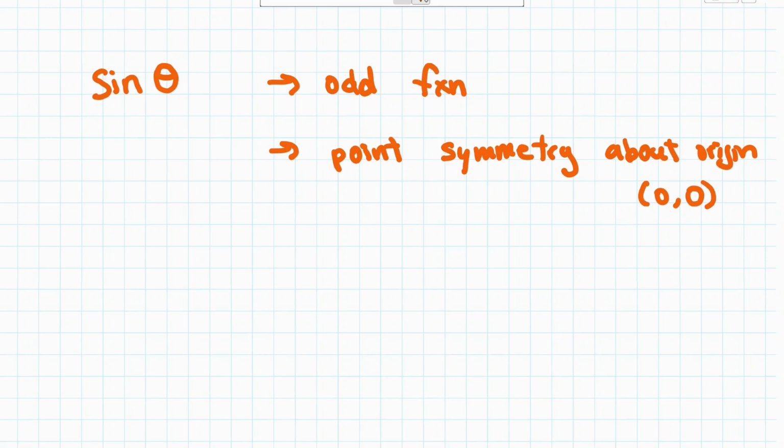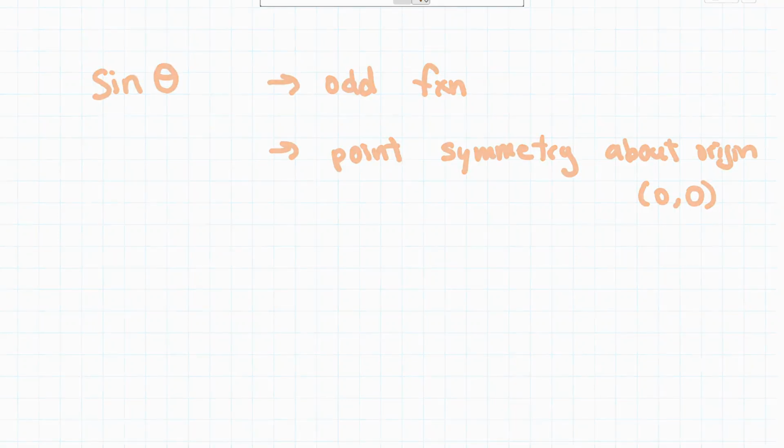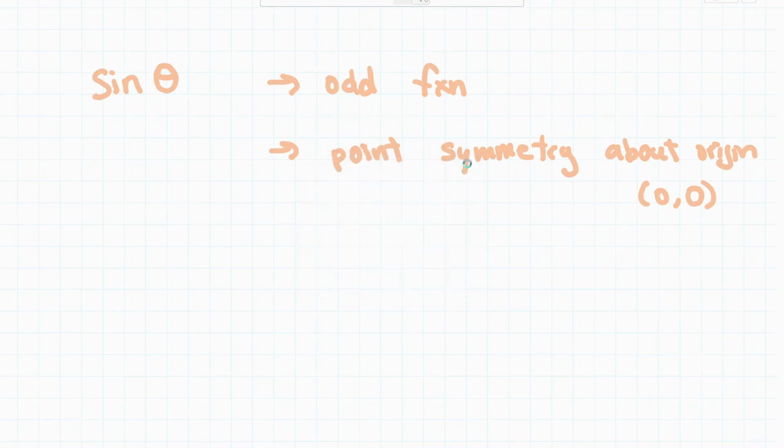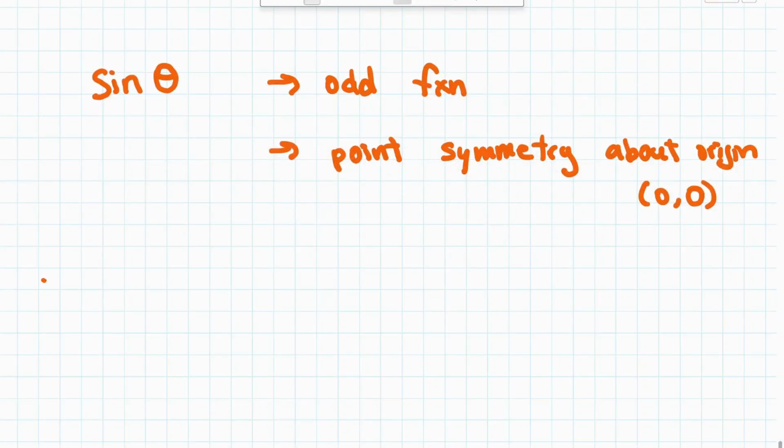So in terms of an equivalent trigonometric identity, this gives us information about our transformations. In particular, sine of negative theta is equivalent to negative sine of theta.